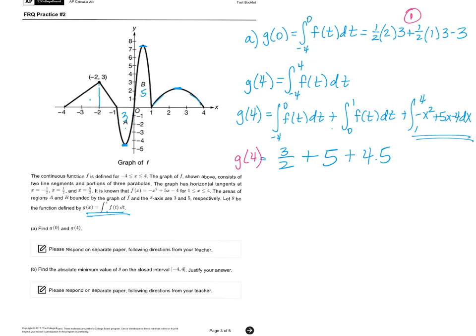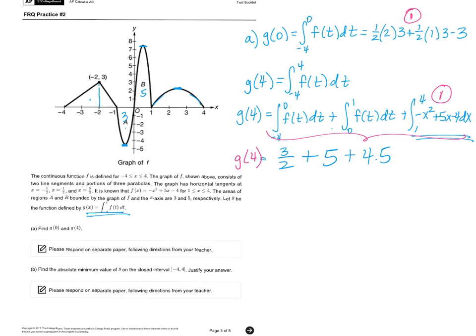That's something different. Okay, so that was worth 1 point, g of 0. G of 4 was, again, certainly not this point count on this test. Did you break up the integral? That was worth 1. Did you break that all up?